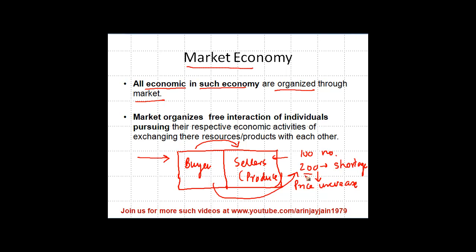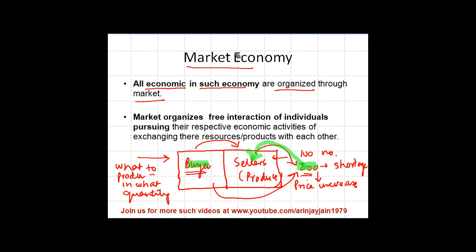Now, because there's a demand for this and the seller wants to earn profit, next time around he will produce 200 units of goods. So your question of what to produce and in what quantity is answered. This is governed by the demand of the buyers. Whatever demand the buyers made governs the next time around what is to be produced and in what quantities.